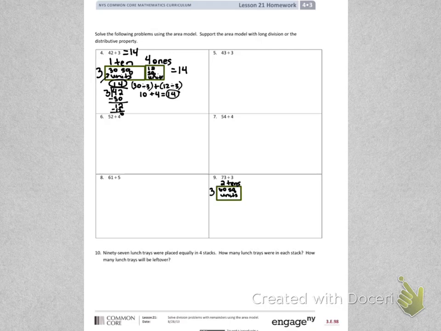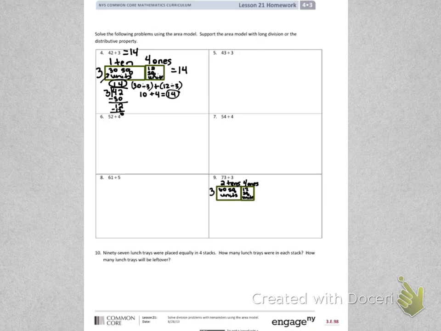So 13 ones. 3 times how many gets us as close to 13 ones as possible? Well, 4 ones. 3 ones times 4 ones is going to make 12 square units. But I wanted 13 square units.